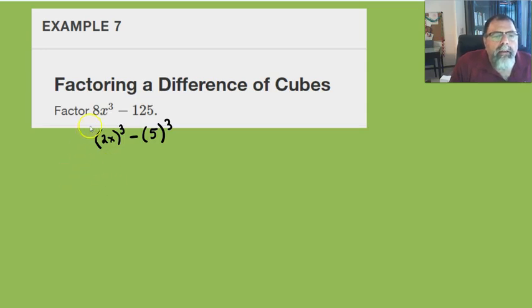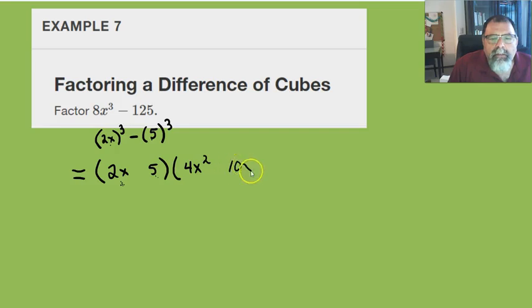So again, to factor this, I'm going to take the a and the b, so 2x and 5. Then I'm going to square the first one, so a squared, so 2x squared is 4x squared. Multiply these together, so that's 10x. And then square the last one.